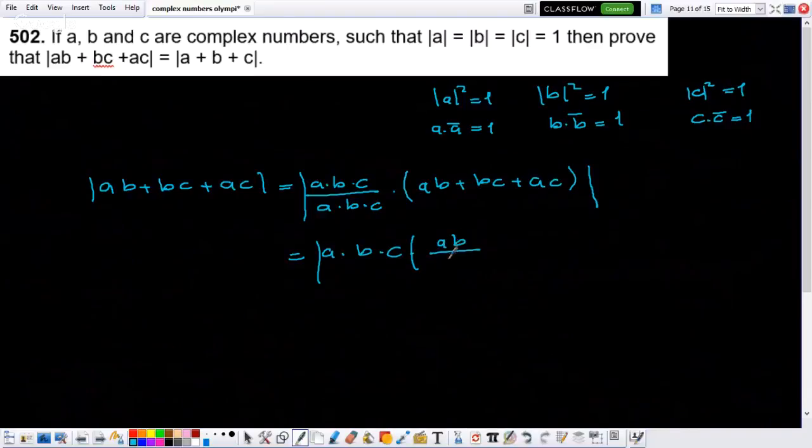AB over ABC plus BC over ABC plus AC over ABC.